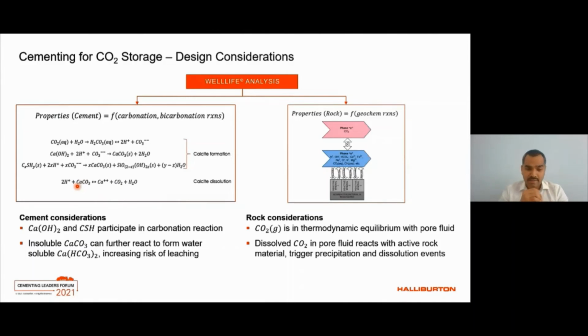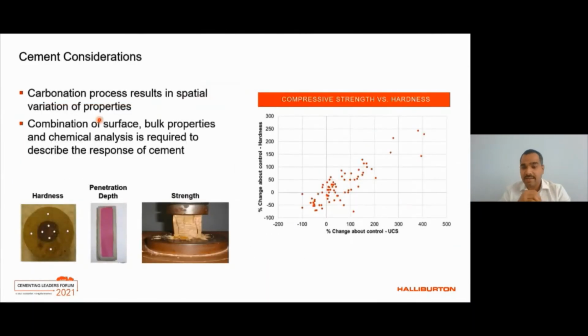When that happens, there is a risk of leaching and of course the loss of integrity. How can we understand the relationship between these reactions, the composition, and thus the change in properties? That is the scope of the analysis and the experimentation that we are investing in.